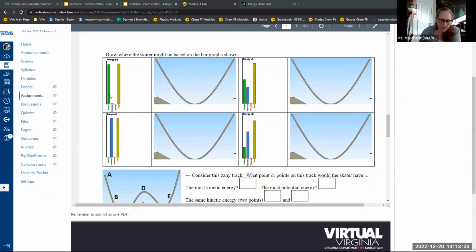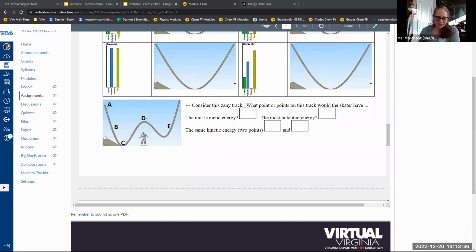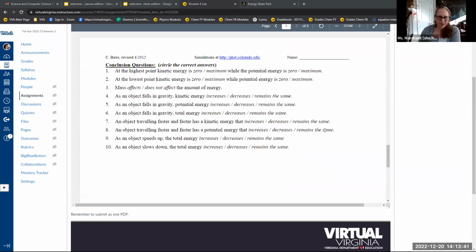Where would I have a lot of kinetic energy and basically no potential energy? Potential energy is mass times gravity times height. So where is it going to be pretty much zero? At the bottom of the ramp. Same thing over here. Spot check it for your answers. Okay. And here's your double check to make sure.